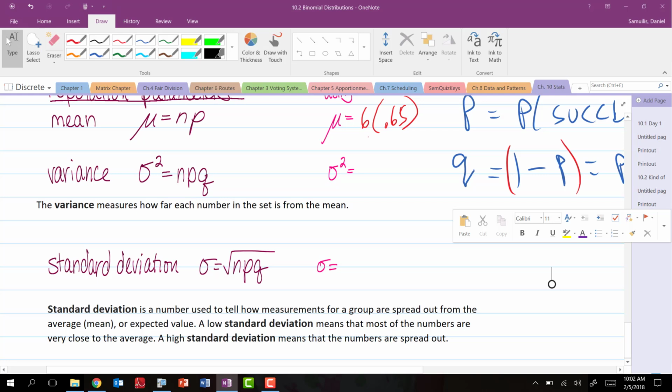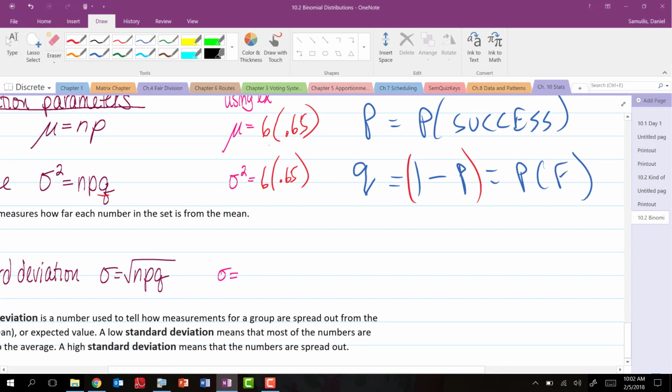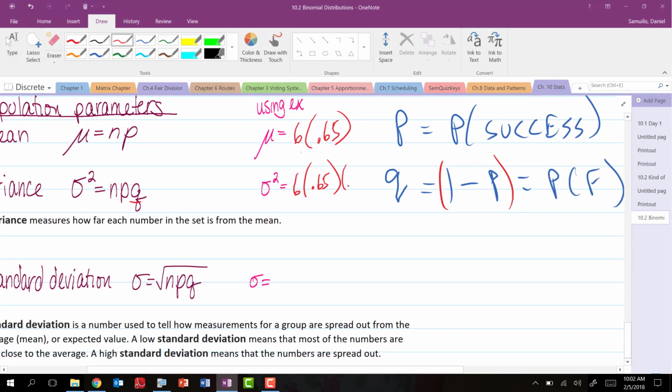Where it comes from is n times p, which is 65%, times q. And remember what I said about q if you were listening? q is just the complement of p. q is whatever p is, the probability of success, q is 1 minus that. In this case it was 0.35. Then you get a number. I think we got something like 1.7 or 1.3. You can type those three numbers down.